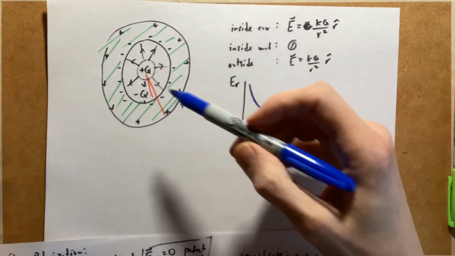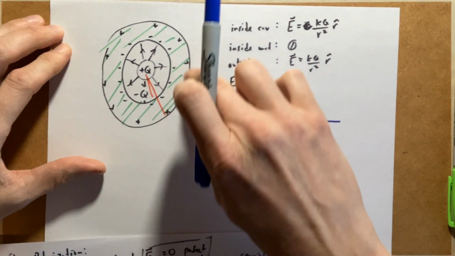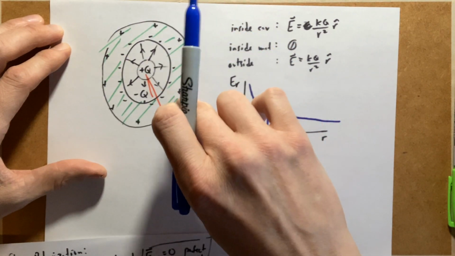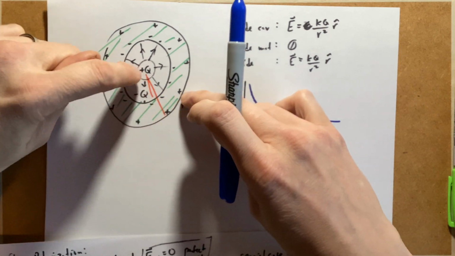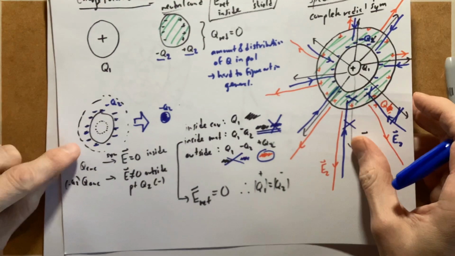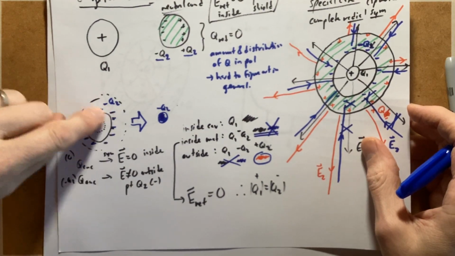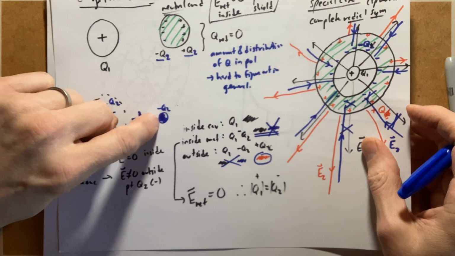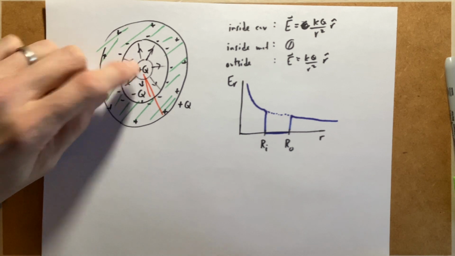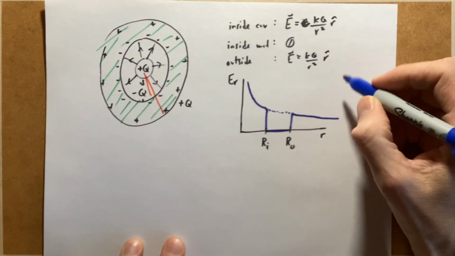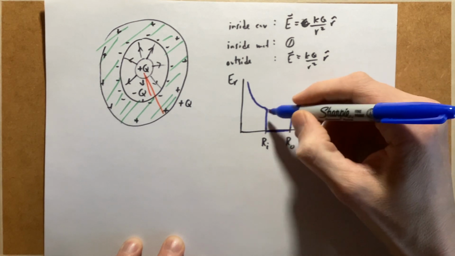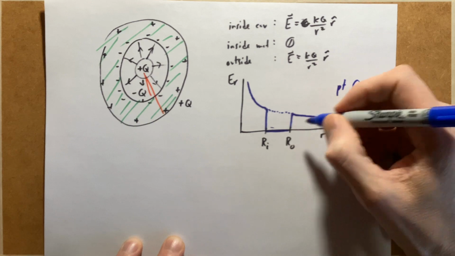Because let me remind you that when you're talking about the field of this outer part, it looks exactly like the field of a point charge collapsed in the middle, and it's at the same value. The moment you get outside this charge, the field looks immediately like a point charge collapsed right to the middle, so it basically picks up the field of this again. So it looks exactly like a point charge of Q. It just has this interrupted stretch where the net field is 0 on the interior.